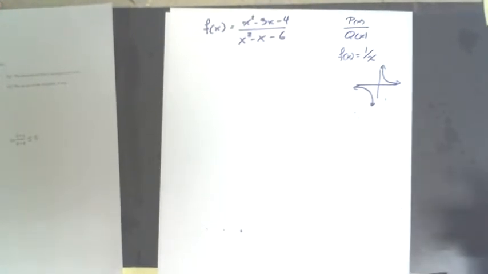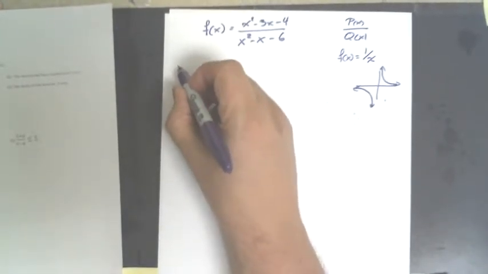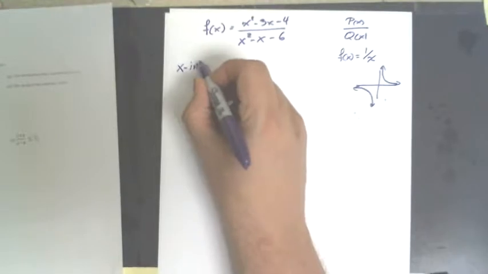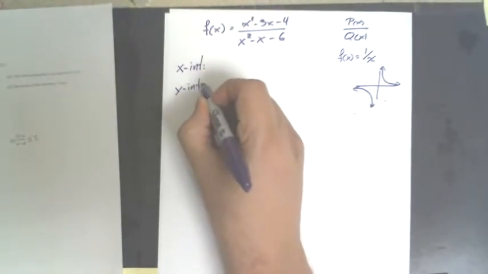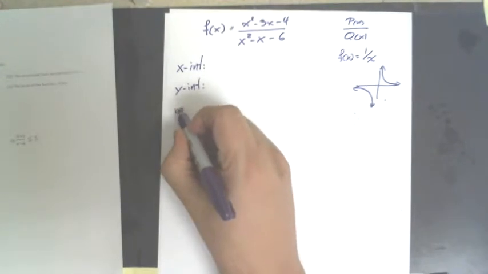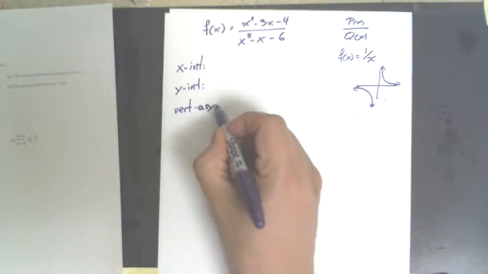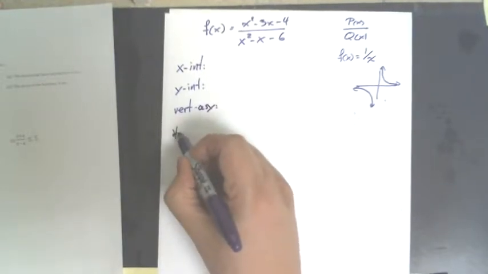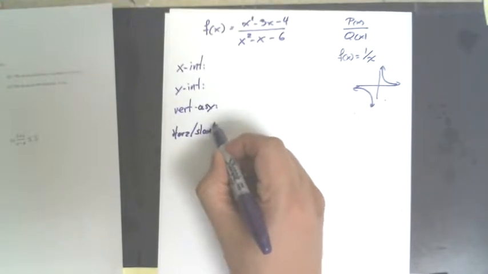So there are several things that we should be able to find in a rational function. We should be able to find x-intercepts, y-intercepts, and vertical asymptotes. We should be able to find horizontal or slant asymptotes.